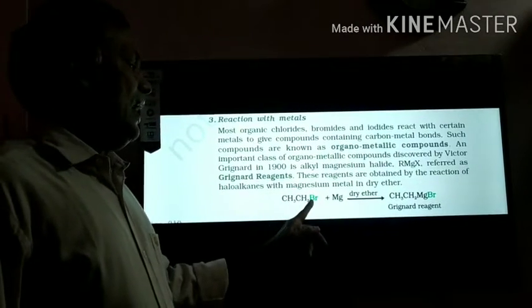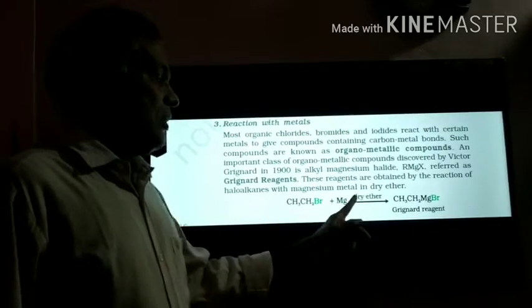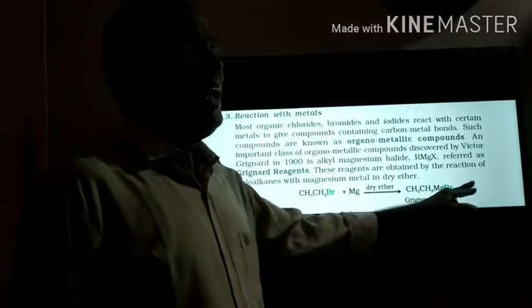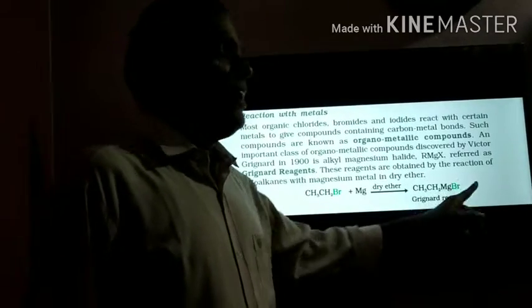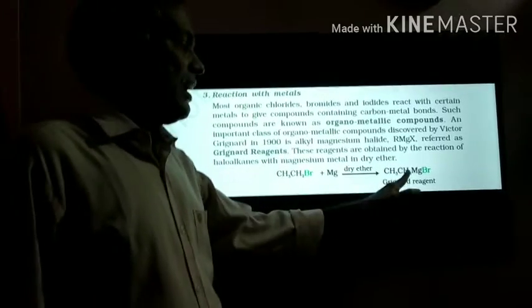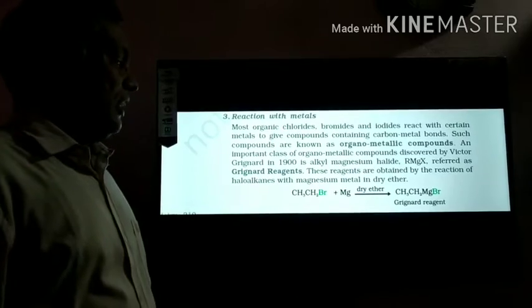When an alkyl halide is treated with magnesium metal in the presence of dry ether, it will give alkyl magnesium halide. This alkyl magnesium halide we call the Grignard reagent.